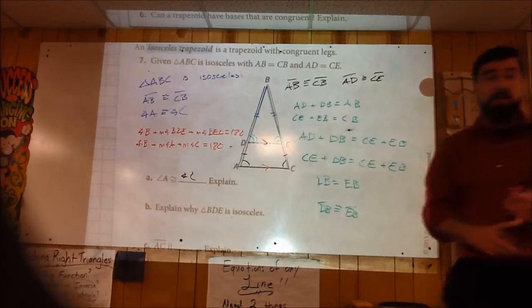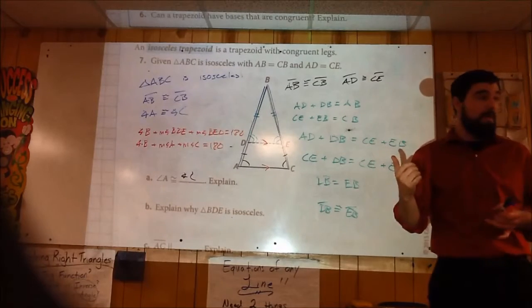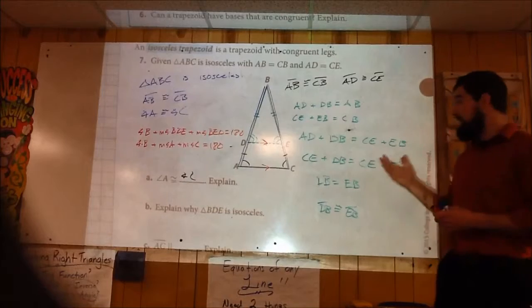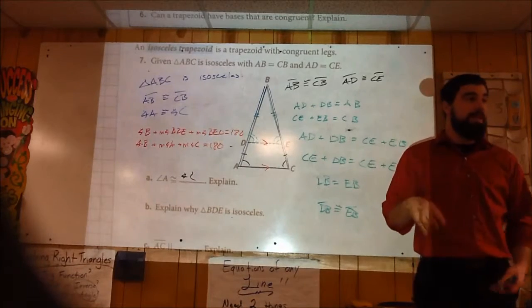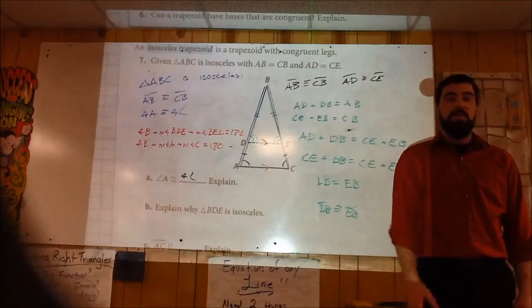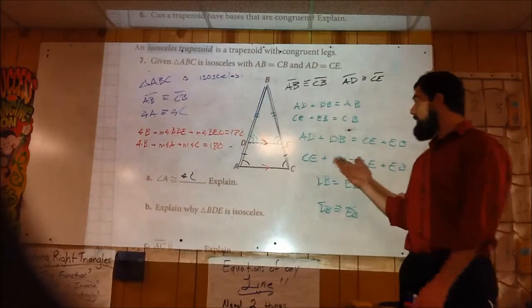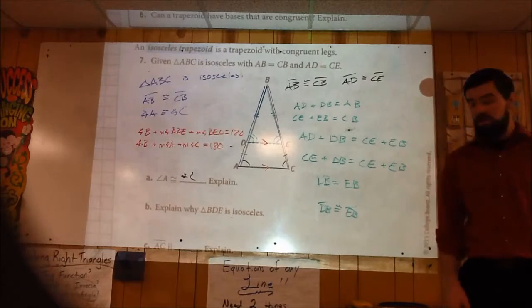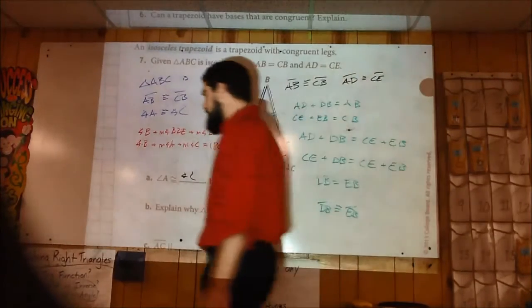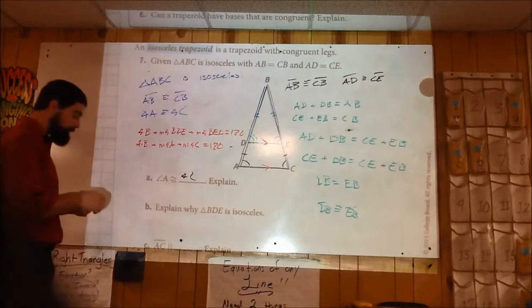If we had the coordinates, then we could do what we did for the warm-up and prove that their slopes are the same, but we can't do that right now. And then if two lines are perpendicular to the same line, then those two lines must be parallel, but we don't have that. So we've got to work with these angles. That's the only way we can prove that these segments are parallel.